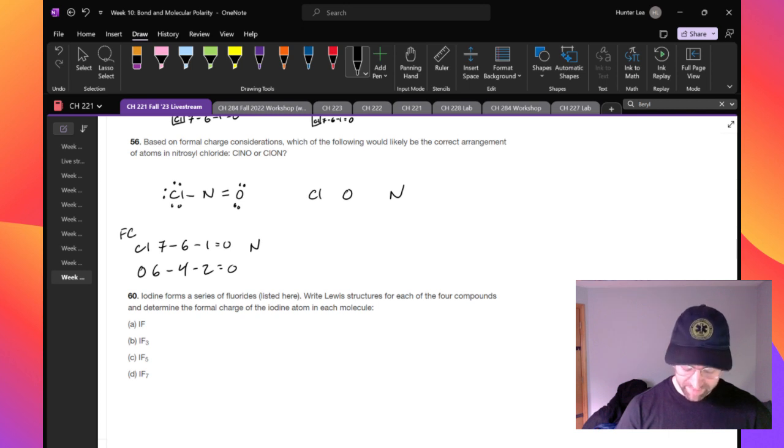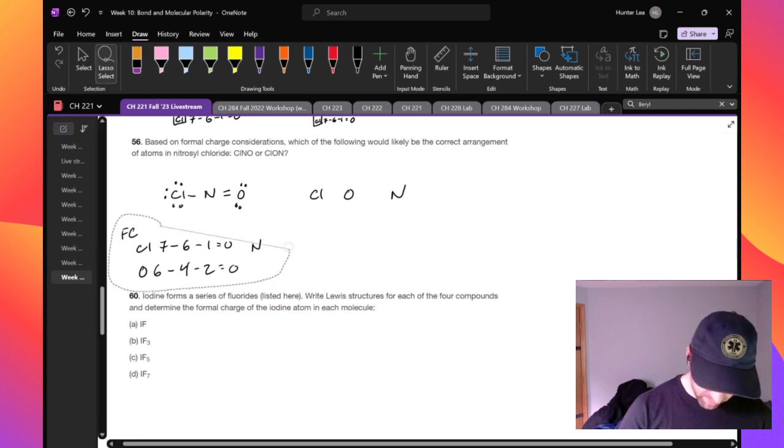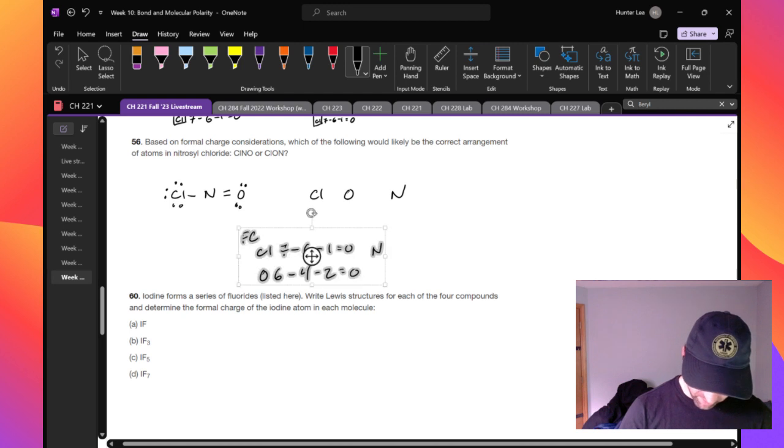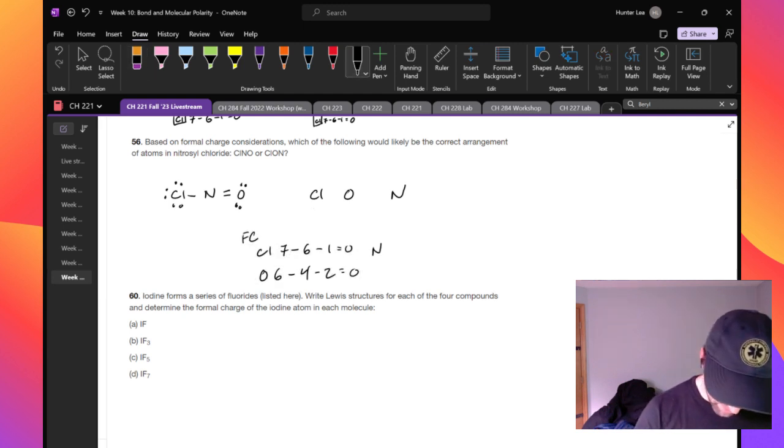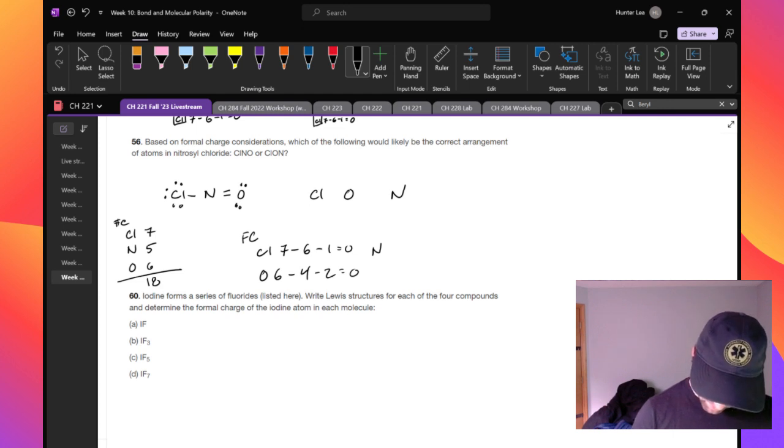Well, first, we ought to have calculated the total number of electrons that we were dealing with. Would give us 11, 18. 2, 4, 6 gives us 12.